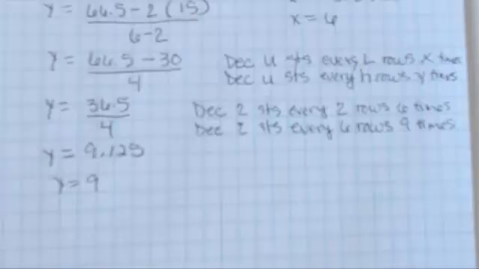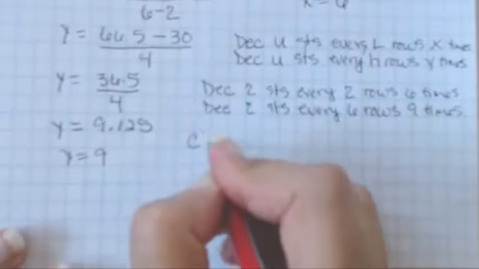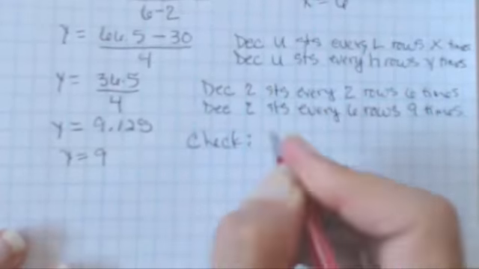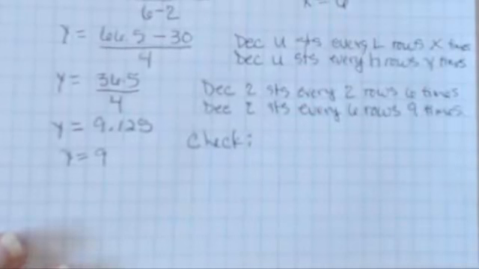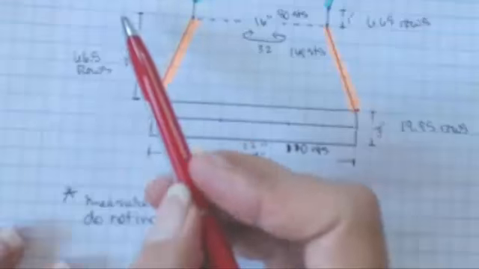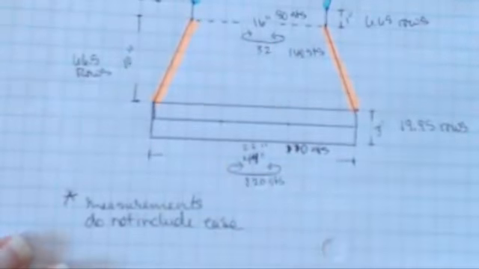We have to check our math to make sure that we're on the right track here. So let's do that. And this is where you're going to find out if you're going to be right on with your measurements. Now remember, we said 66.5 rows. Well, we don't knit half rows. We only knit whole rows, just like we don't knit half stitches, we only work whole stitches.